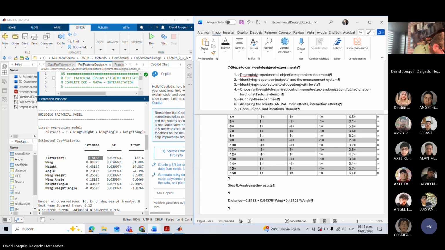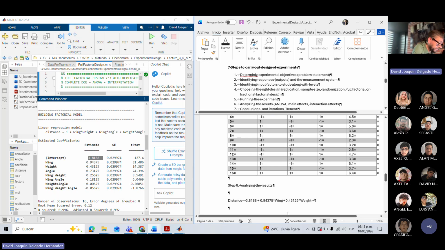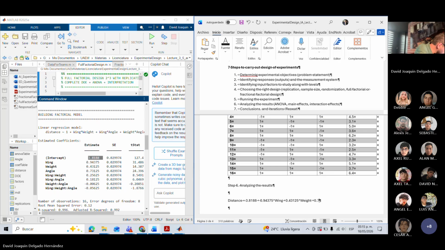Plus the following coefficient, which is 0.73125 times the angle, the launch angle, plus 0.25625 times the wing times the weight.